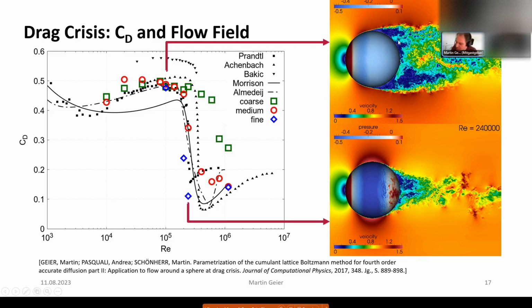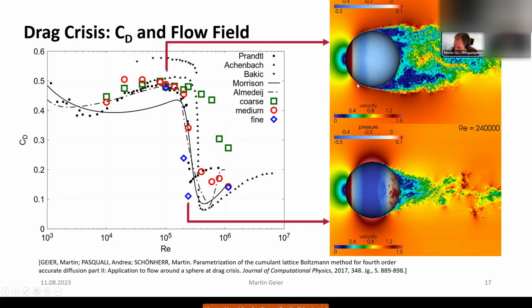We have a sphere, and here we have the drag coefficient in regard to the Reynolds number. What we expect is that at a certain Reynolds number, I guess 200,000, the drag coefficient drops by 80%, very suddenly.